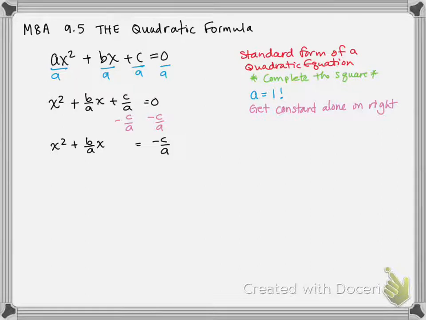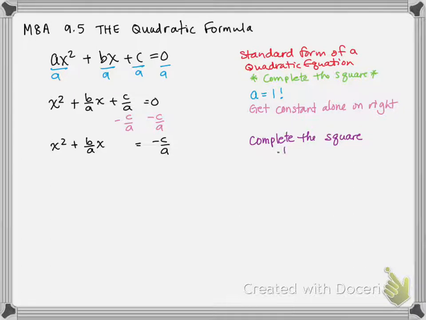So now we're going to complete the square. Okay, so that's the next step, is to complete the square. And to do that, we're going to be messing with our linear term.